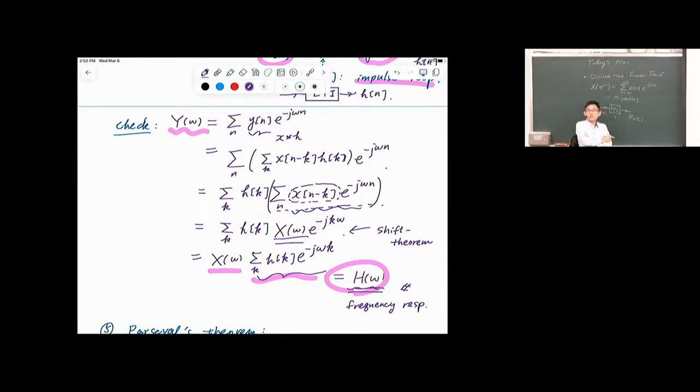It seems that we have enough time to cover all of my topics. So, convolution in the time domain, multiplication in the frequency domain.